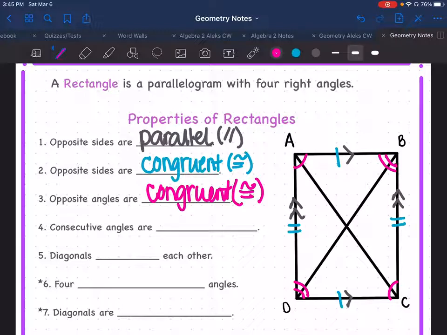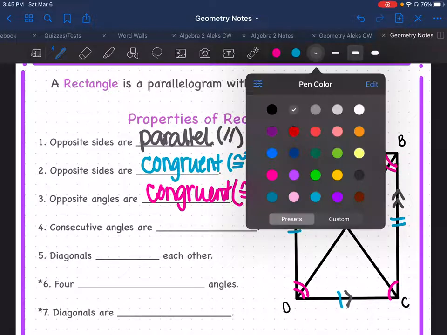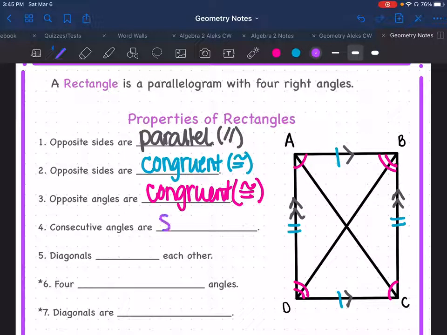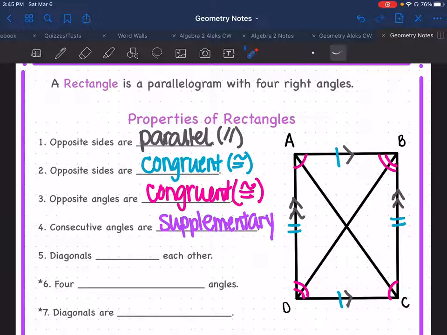My consecutive angles are supplementary. So A plus B is 180 degrees. B plus C is 180 degrees. C plus D is 180 degrees.